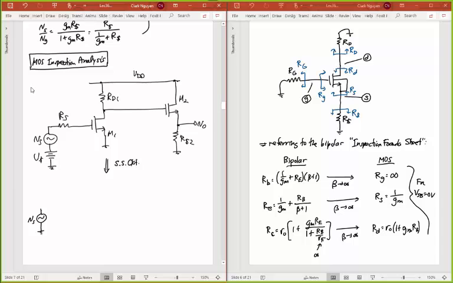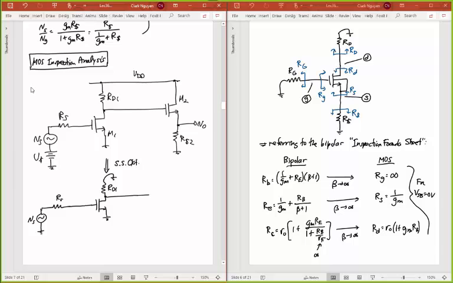And then I still have my source resistance, RS there. That's going to feed into my MOS transistor. That's going to go into an RD1. This was grounded here.